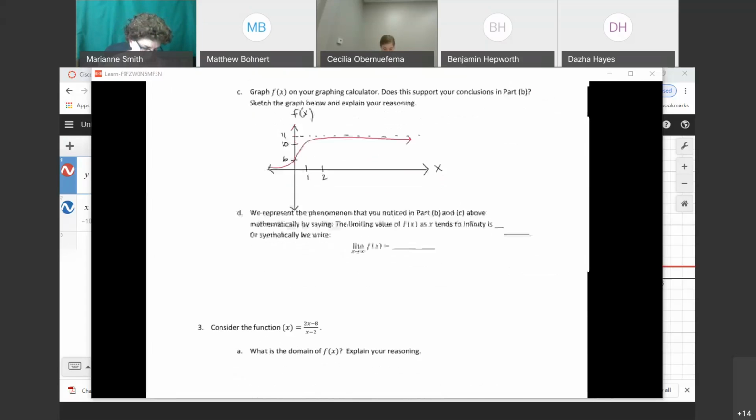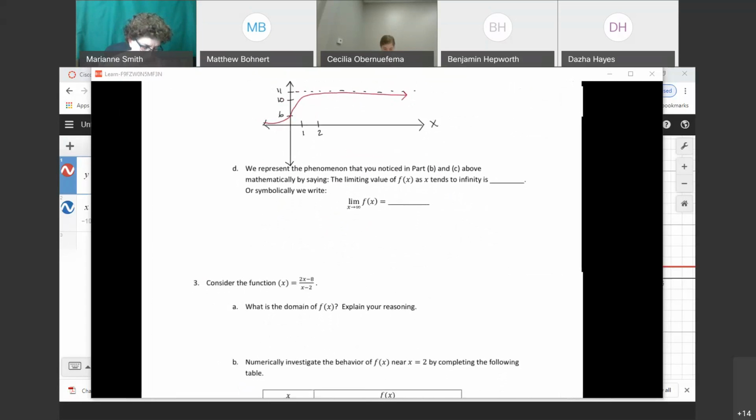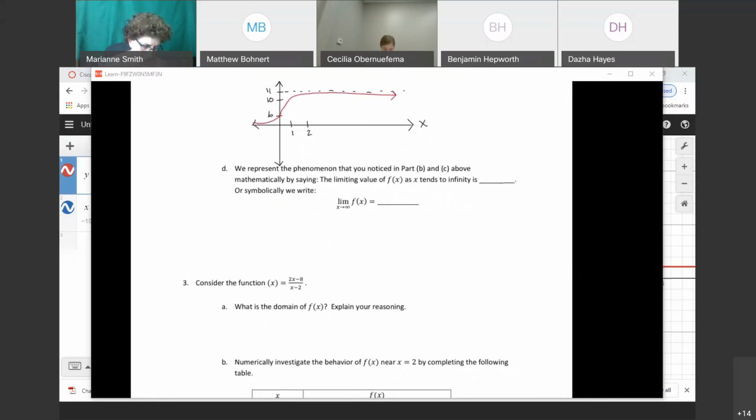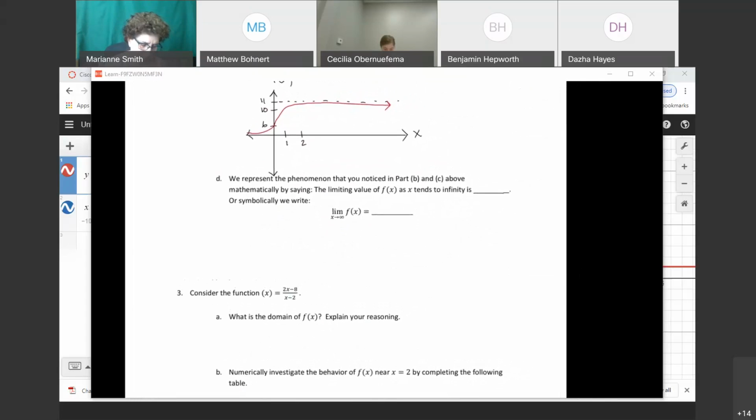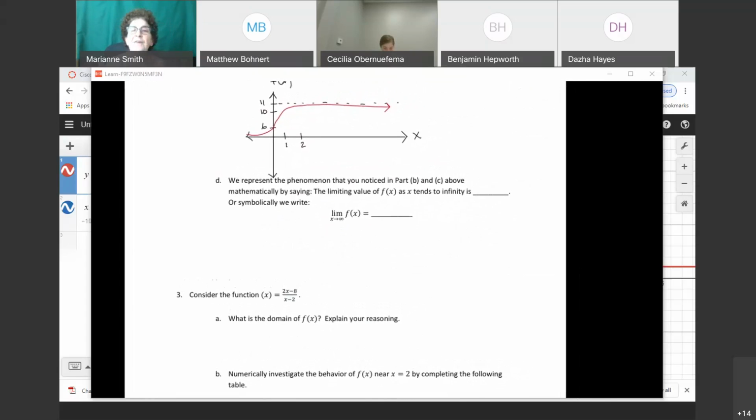If you look at this one, we can say that we have a limiting value of our function as x tends toward infinity. Now, infinity isn't a number. You're never actually going to reach that value. But as x gets larger and larger, the value of the function is approaching 11.